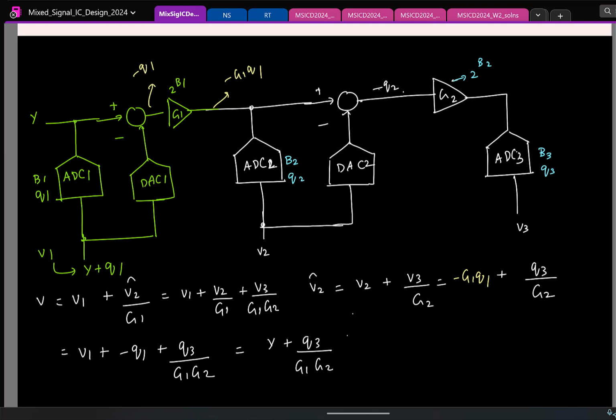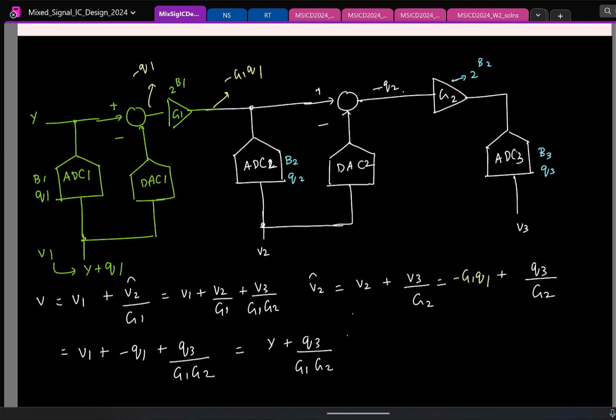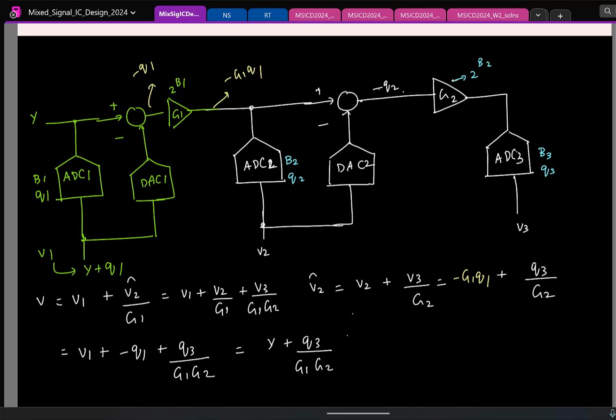So essentially if I do this, I see that the quantization noise of the first two stages completely cancels. I only have the last stage quantization noise that is getting divided by the overall gain you have in the entire path. Which means if I choose the maximum gains here, 2 power B1 and 2 power B2, what is the effective resolution?